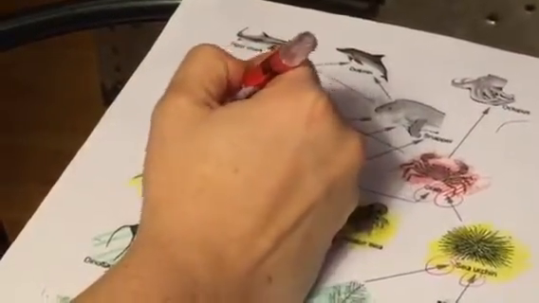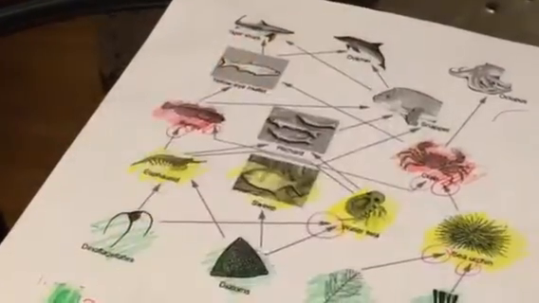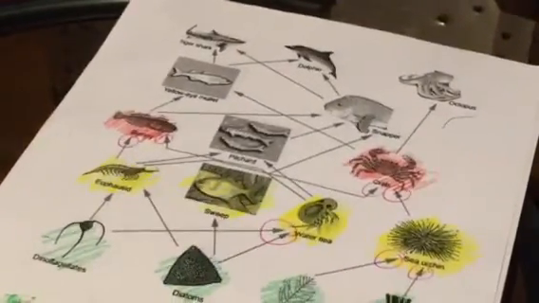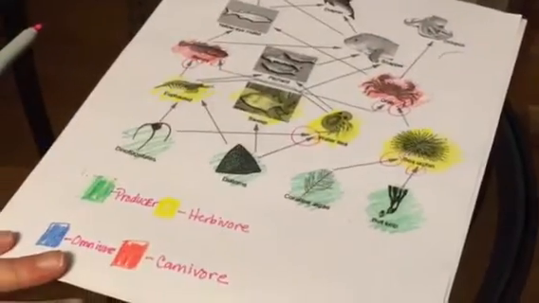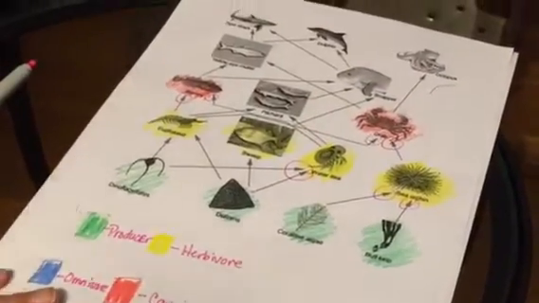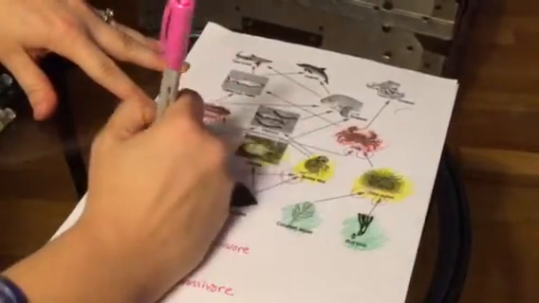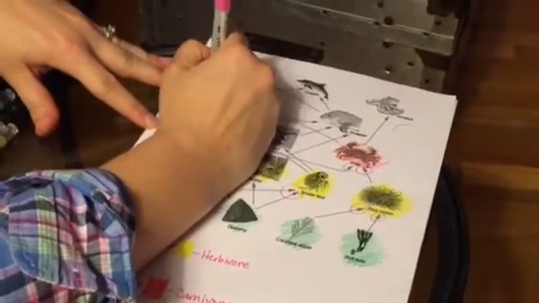You simply have to look at the arrows to find out what it eats and then identify it as such. This one doesn't have any omnivores in it. There are none that eat consumers and producers. So let's pretend for a second. I'm going to add another arrow, just pretending, from the dinoflagellates to this yellow-eyed mullet up here.